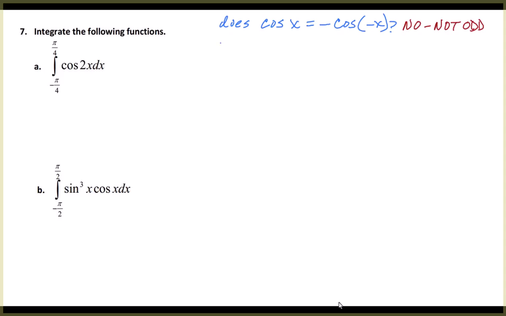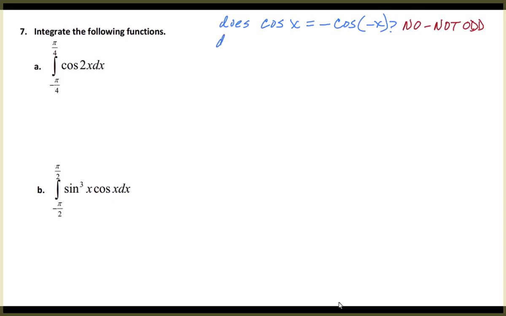And you might be going, well, how would I know? You have to remember cosine of negative x, doesn't that equal cosine of x? If you think about a unit circle? Because cosine in quadrant 4 is positive. So that's not true. Cosine x does not equal negative cosine negative x.